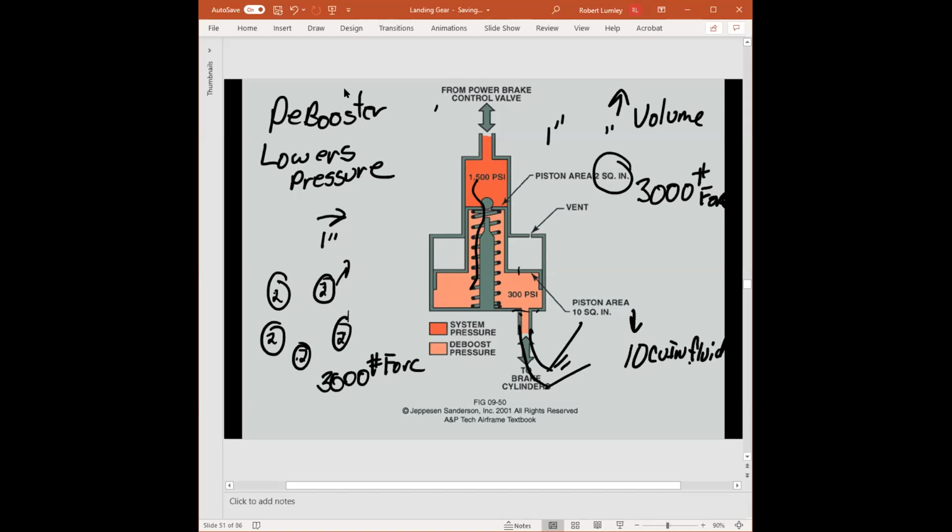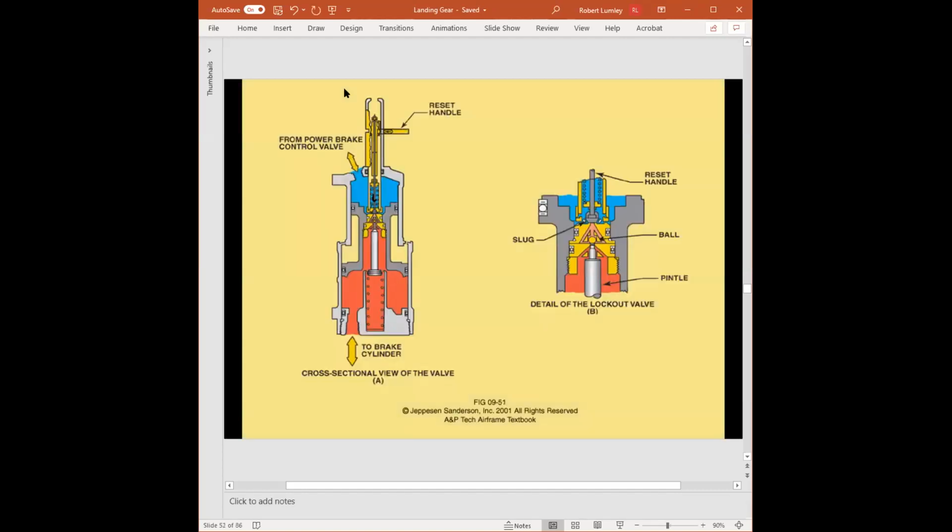This is going to go down and fluid is going to get pumped out of the aircraft, and it could be pumped out fast enough that we lose all hydraulic fluid of the aircraft into the systems. Would that be a good thing? No. So they came up with what's known as a lockout debooster.